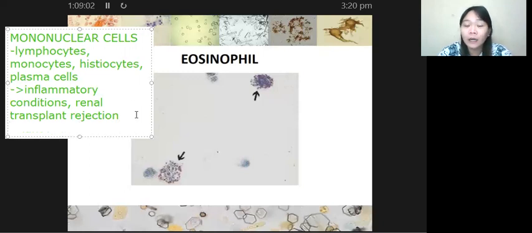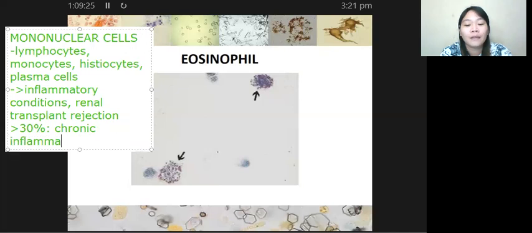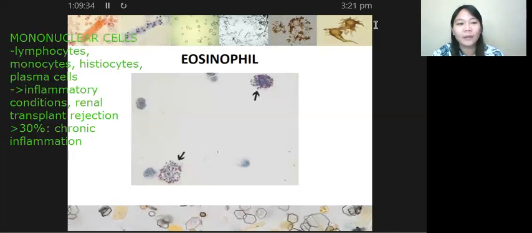In particular, what is the significant value if, for example, based on the differential count, there is greater than 30%? If greater than 30% of mononuclear cells are present, this indicates chronic inflammation. Ayan.